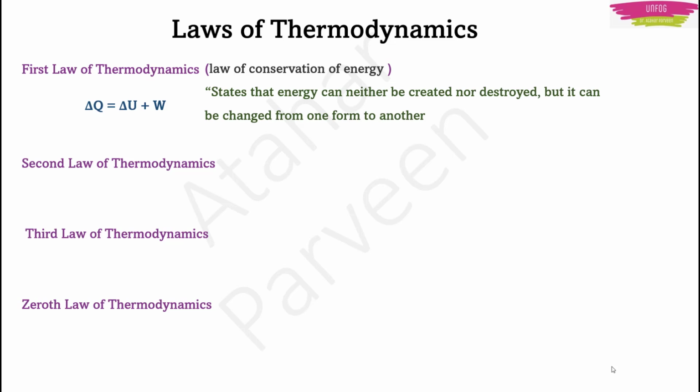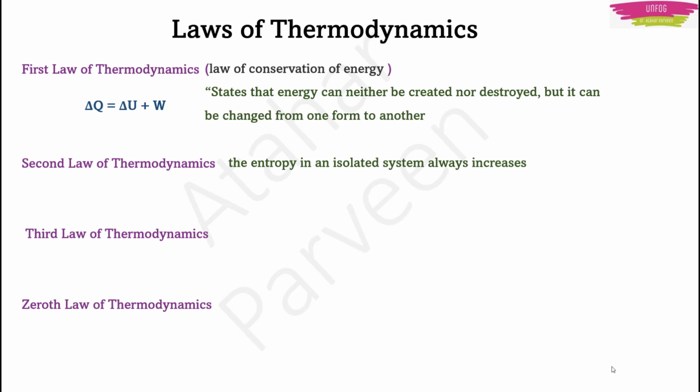Internal energy means the energy within the body. That is denoted by U. That we write it as delta U here. Okay, there is some change, right? If we have change in any quantity, we denote it by delta. So that delta Q, the energy supplied to that body, is utilized as change in internal energy and the work done by that body. This is what first law of thermodynamics states.